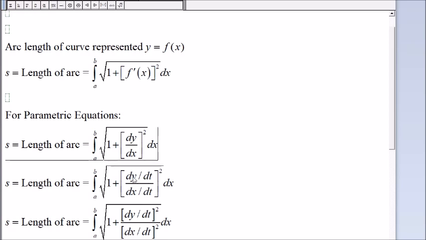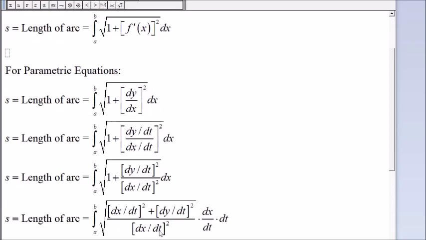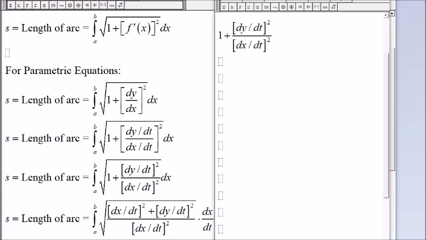And now we separate them. This becomes (dy/dt) squared divided by (dx/dt) squared. dx is the same as dx/dt times dt. And then this part right here, 1 plus (dy/dt) squared divided by (dx/dt) squared, and so we want to add them.